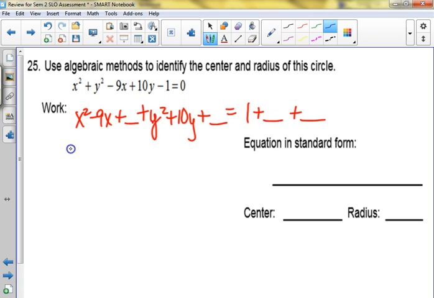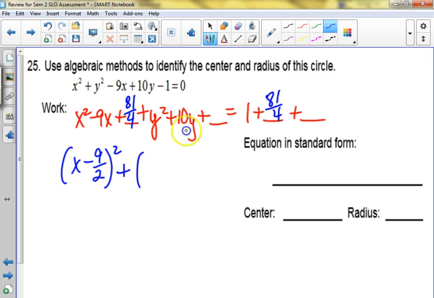X minus, let's just leave it 9 over 2. Okay? Square it, and what would you get? Square the top and the bottom. 81 over 4. I don't think it's like this on the final, but okay, what about here?